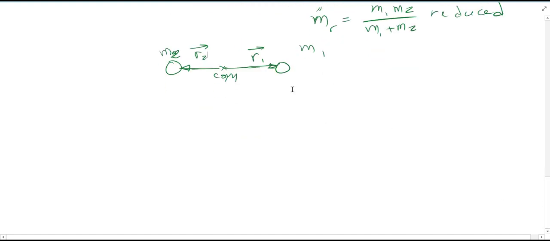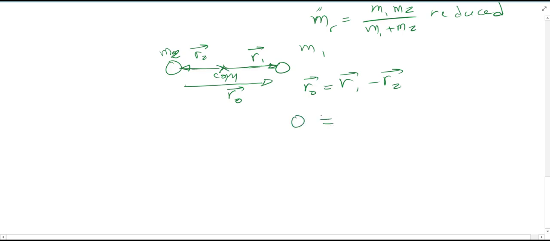Now, the vector connecting between M2 and M1, as I said before, it's this vector. It's clearly that R0 is equal to, from the geometry, R1 minus R2. Because this is two vectors in here. And the center of mass, in the center of mass reference frame, is at position 0.